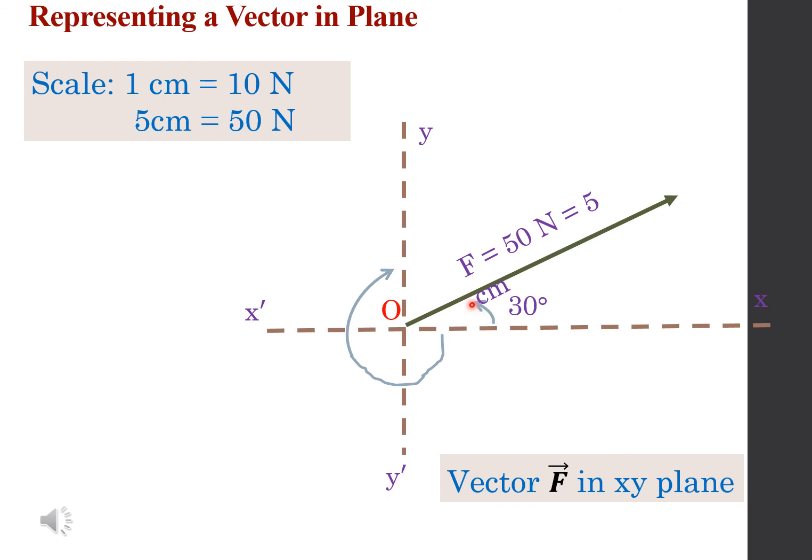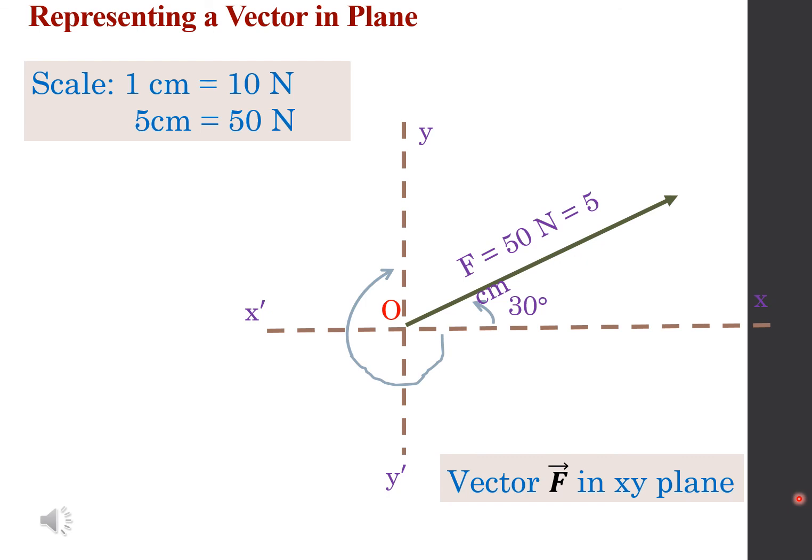For drawing this force of 50 Newton, we consider a scale where 1 centimeter equals 10 Newton. So 50 Newton equals 5 centimeter. And for representing this 50 Newton force, we can take a length of 5 centimeter. The angle is measured from the positive x-axis in the anti-clockwise direction. It is a convention. So by this method, we can write vector F in the xy plane.